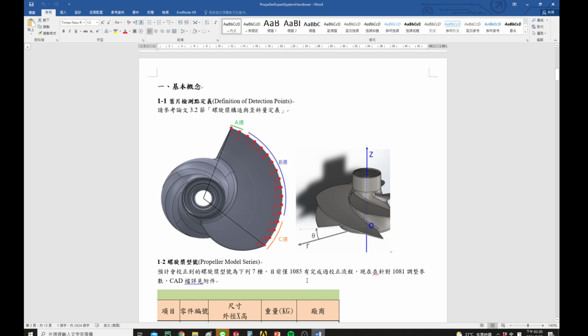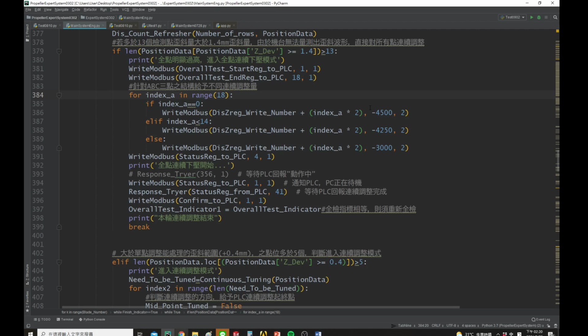So here we give different displacement values to different kinds of structure. For this for loop, this index means the position of the points.